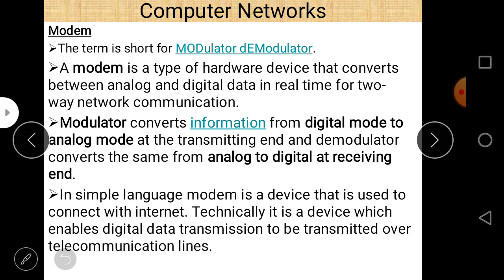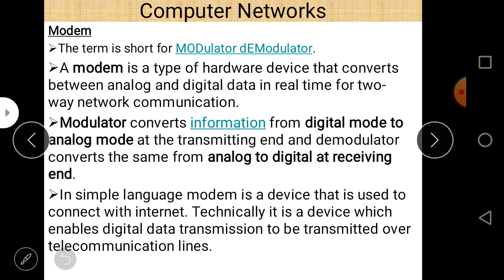So signals are converted from analog to digital and digital to analog when we send data from one computer system to another. The process of converting data from digital to analog is called modulation, and this part is done by the modulator, and analog to digital conversion is called demodulation. So modem refers to the modulation and demodulation process.